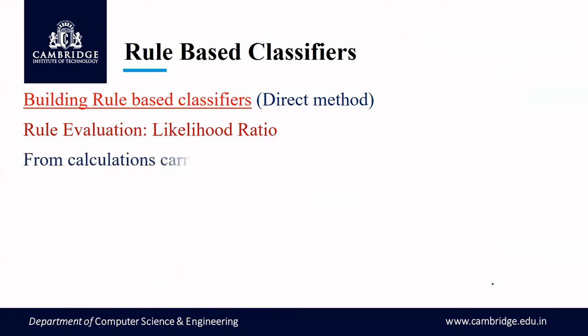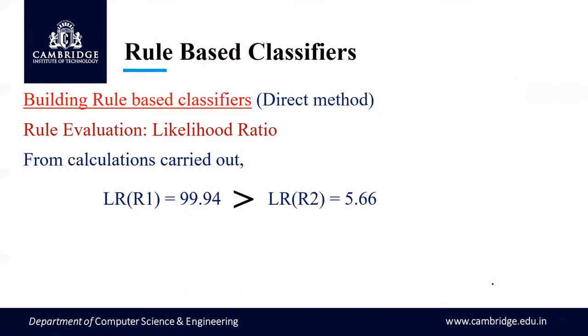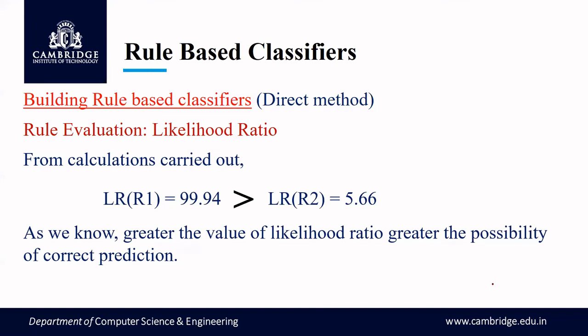From the calculations we carried out so far, we know that the likelihood ratio for R1 is 99.94, whereas for R2 it is 5.66, which is obviously greater for R1, right? Since the R1 value is 99.94, I can consider that R1 is the better rule, and we can use R1 for proper classification. So this is how you identify the likelihood ratio.